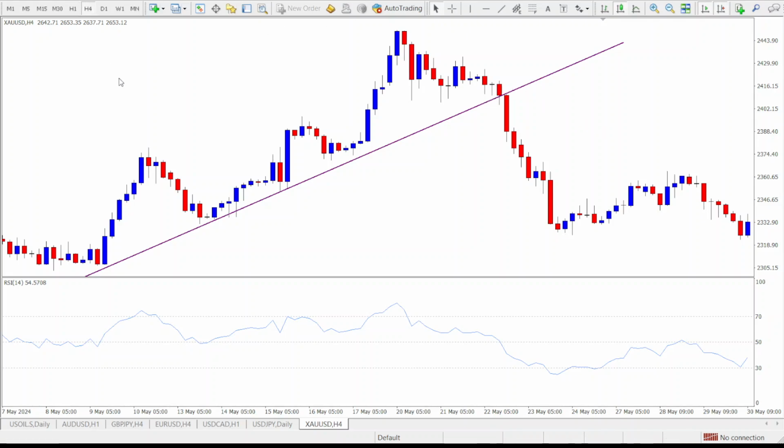I'm just going to describe how to identify a bearish hanging man candlestick pattern. As we can see here, we have a bearish hanging man candlestick pattern.